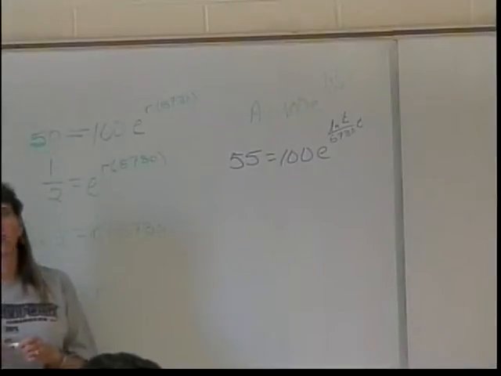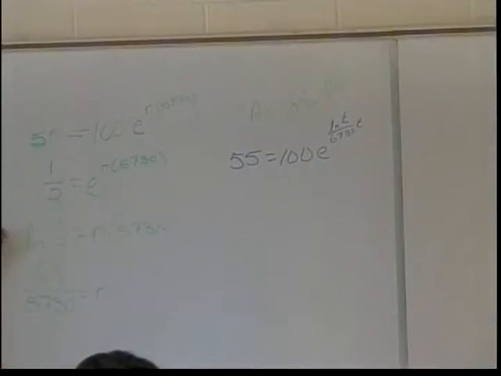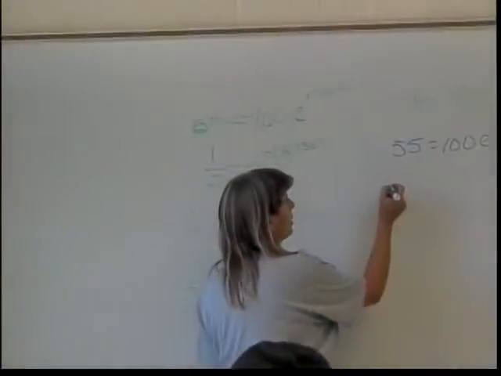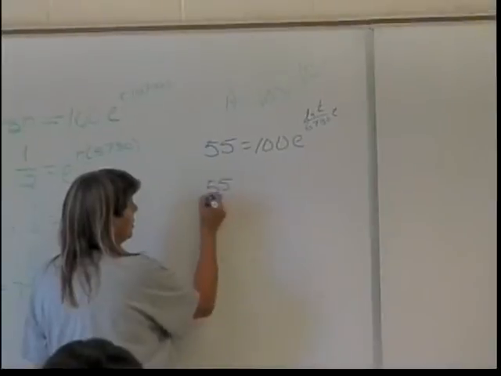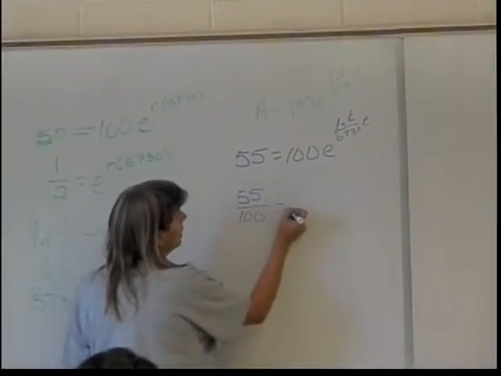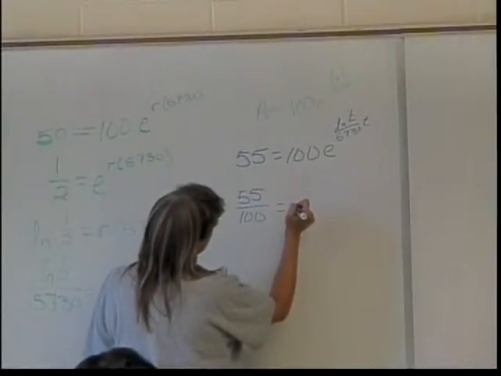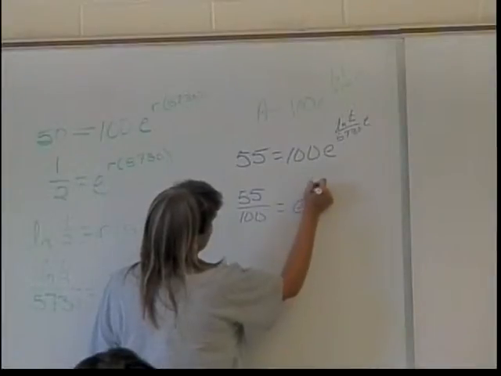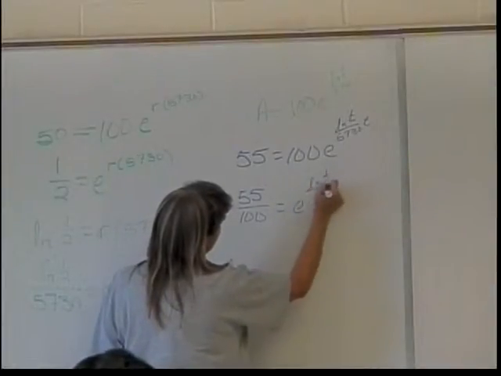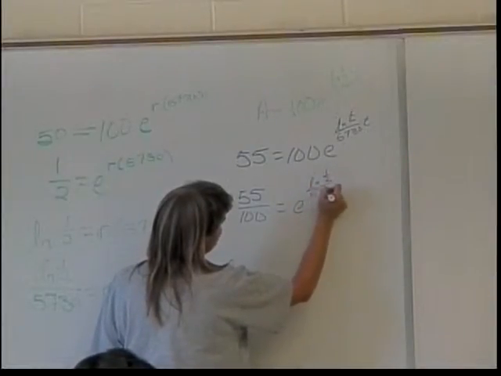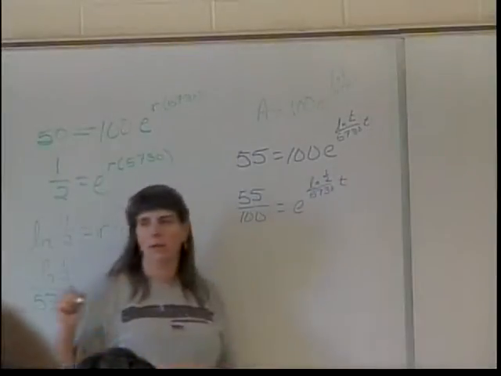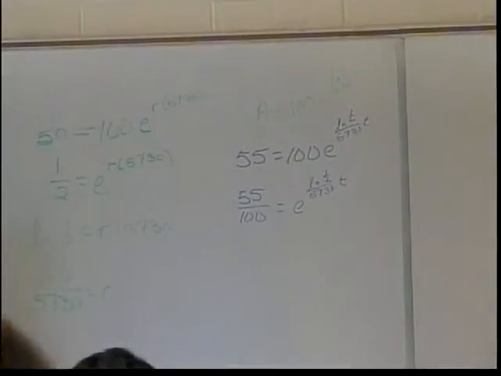And then I'll solve for t, going through the same process I went through over here when I solved for r, which means first step is divide by 100, so I'll have 55 divided by 100 equals e to the natural log of 1/2 over 5,730 times t, and then change to the other form.